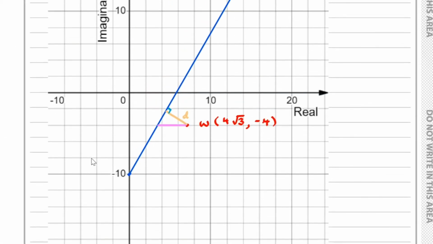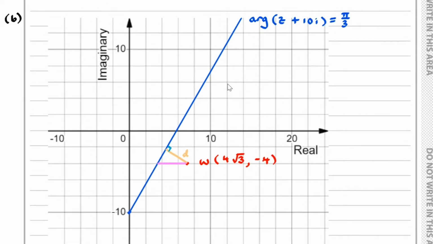So now that we've got the Cartesian equation of this line, what we can do is find out what this point is. And we can do that by recognizing that this point over here has a y-coordinate of minus 4. And we can find out the x-coordinate and then find out the length of this line here.